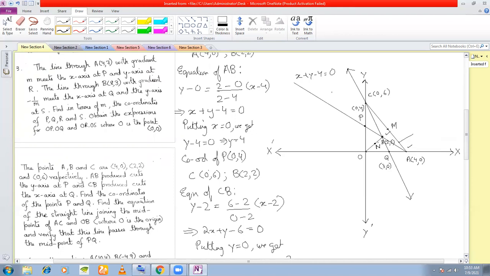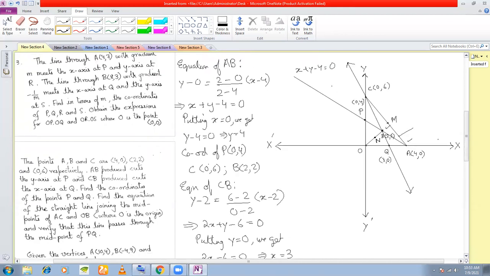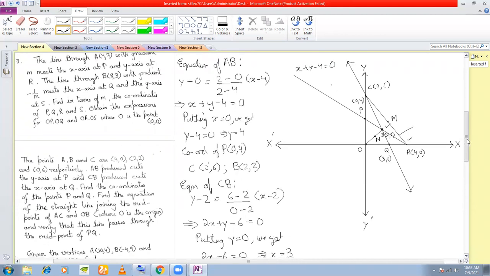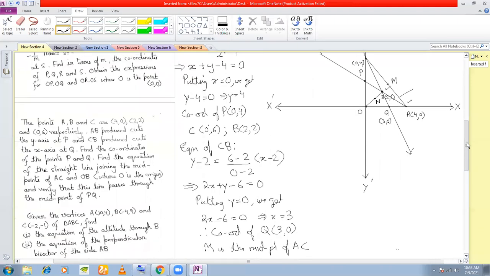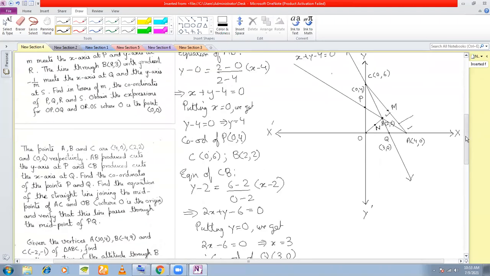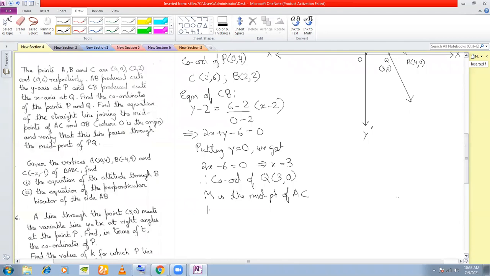Let us call it N. So what should be the equation of NM? You have to find out the coordinates of N and M first, right? So first we shall find out the coordinates of M. Let's write here N is the midpoint of OB. Let us find out first the coordinates of M.